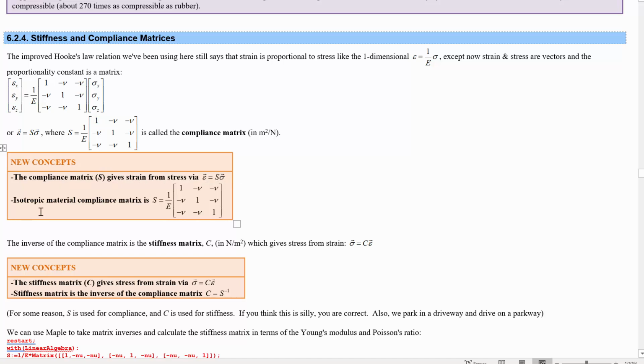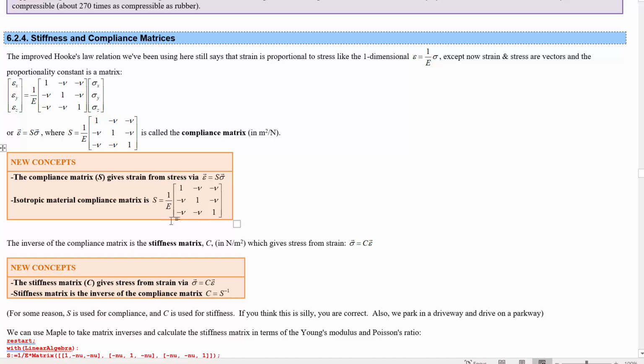An isotropic material, which is everything we're going to deal with until topic 11, is one that responds the same in all different dimensions, and it has a compliance matrix that looks like this. You just need the Young's modulus and the Poisson's ratio, and you know all of the terms. All right, the inverse of the compliance matrix is the stiffness matrix.